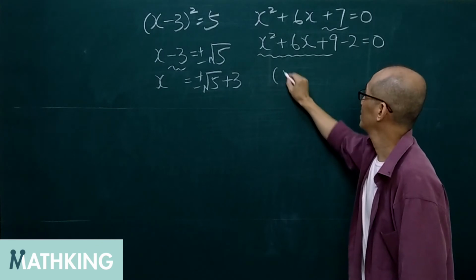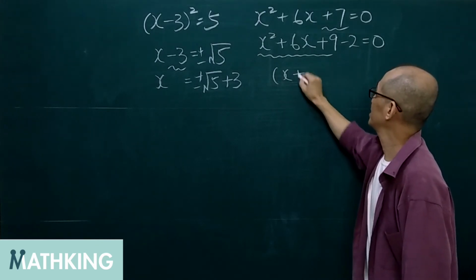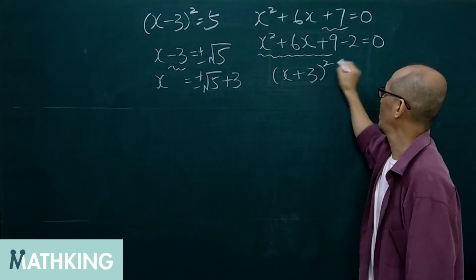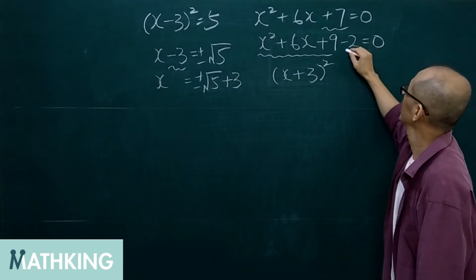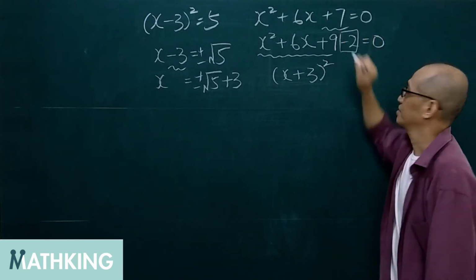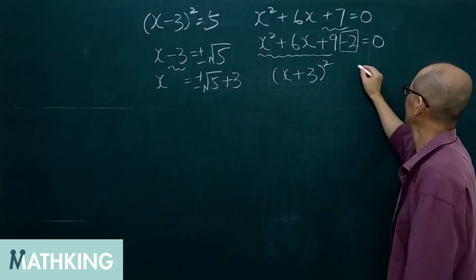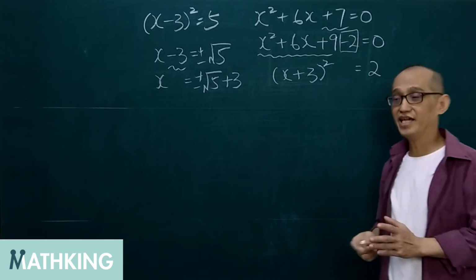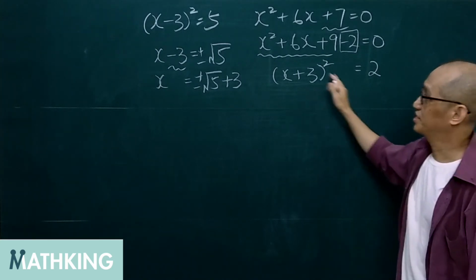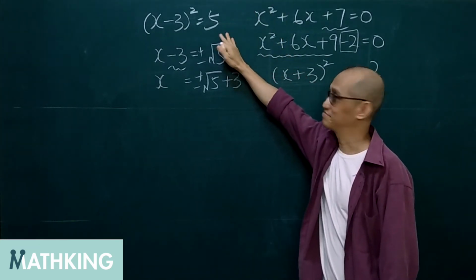This is x plus 3 squared. And we move this negative 2 to the right hand side. And then the steps is going to be the same as this one.